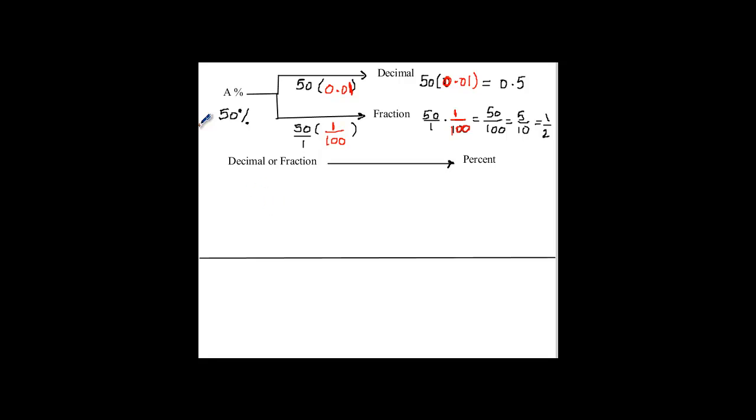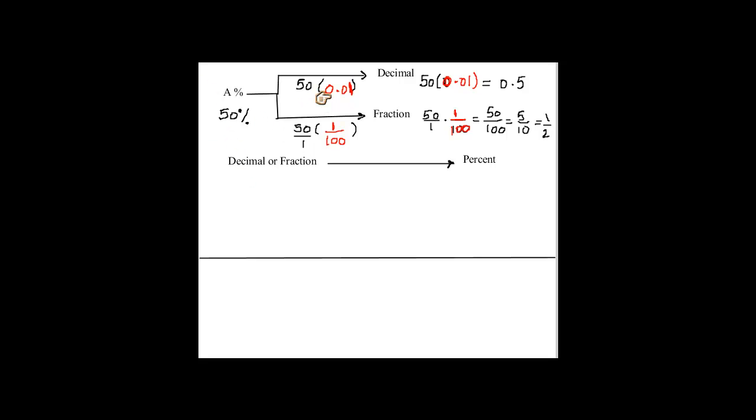The factor always would be 1 over 100, and 1 over 100 is the same as 0.01. So every time you have a%, you want to convert it to the fraction, you take this number, whatever this a is, multiplied by 1 over 100. That gives you a corresponding number in terms of fraction. And you take that number, you multiply by 0.01, that gives you a corresponding number in terms of decimal. So exactly, the factor would be always the same.